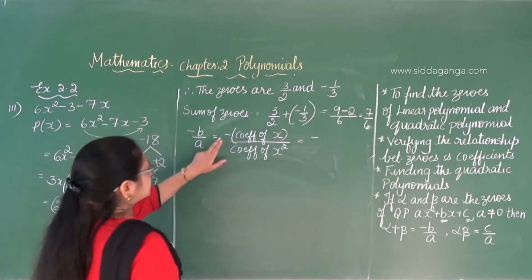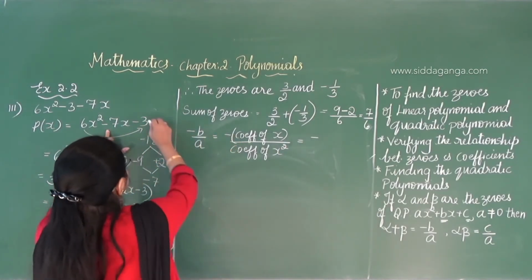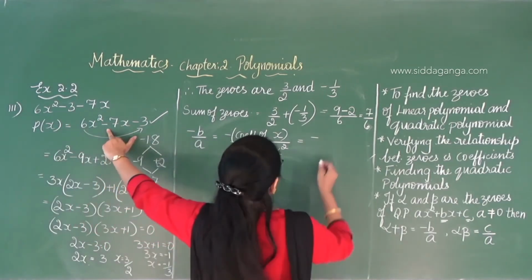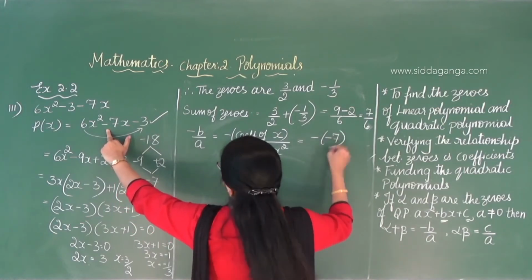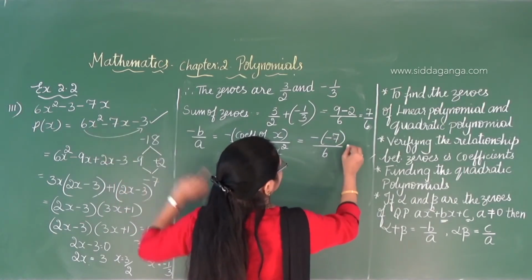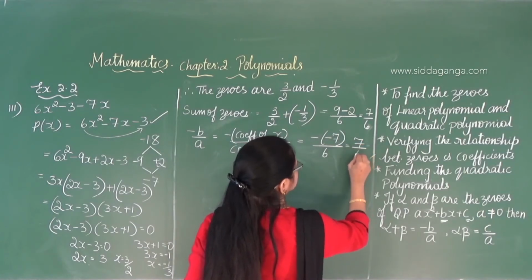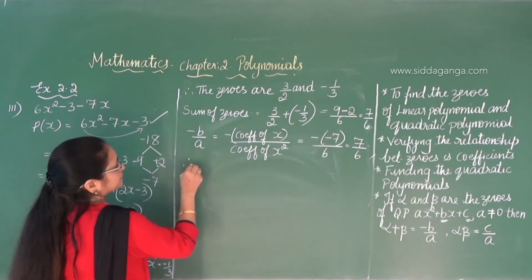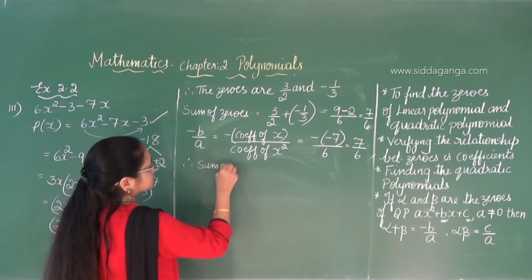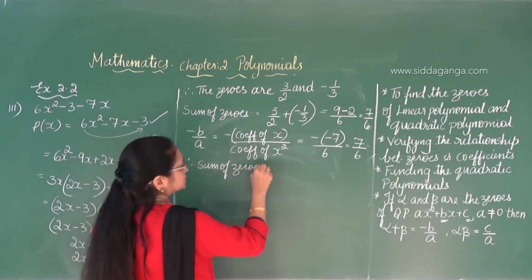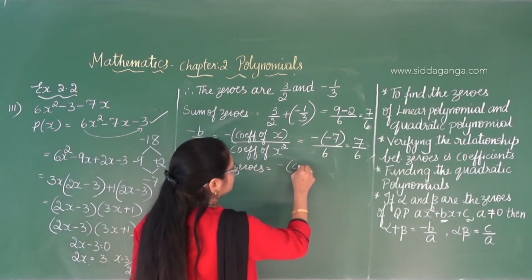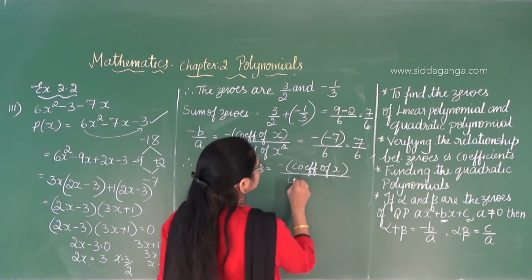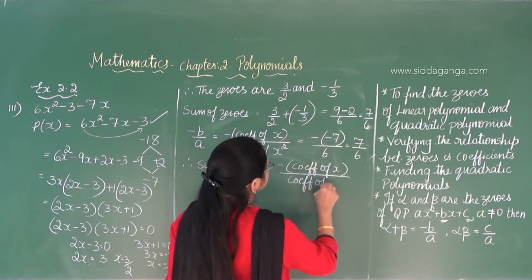Here coefficient of x is minus 7, so minus of minus 7 divided by 6, which is 7 by 6. Therefore, sum of zeros is equal to minus of coefficient of x divided by coefficient of x square.